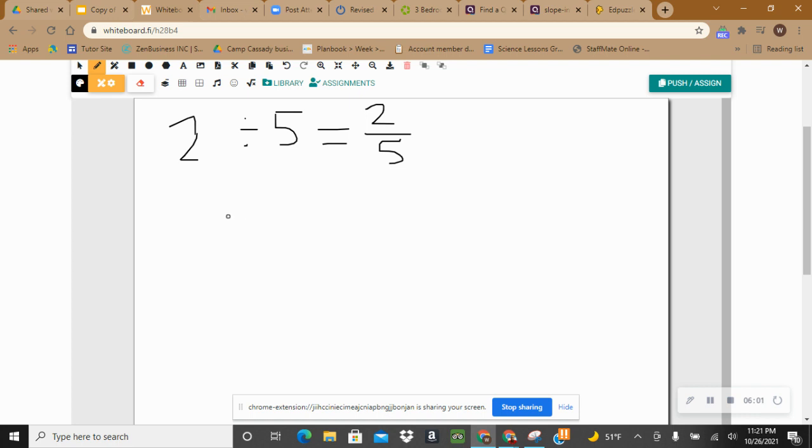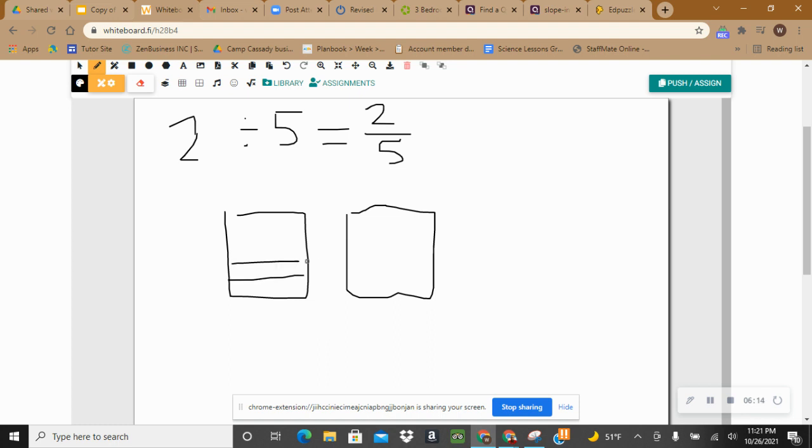So if I had the 2 bags, and 5 people were getting something out of each bag, and the reason I'm doing it this way is because the denominator is bigger than the numerator. If it was the other way around, then I would do it like my first problem I did.